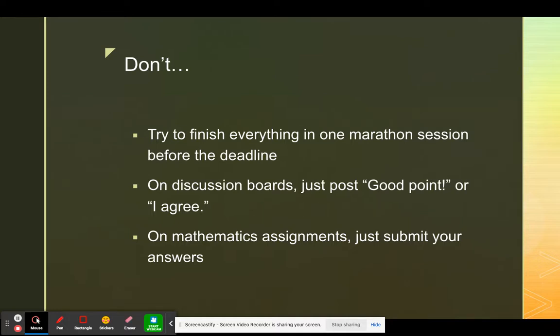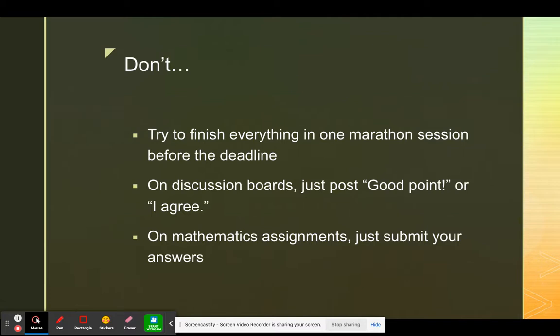And we've really tried to structure those sorts of discussion boards and the assignments to make it a more fruitful experience for you. Don't, on the discussion boards, just post "good point" or "I agree." Give some thought to a response, or try to push everybody's thinking forward with a different suggestion or a different way of thinking about a particular topic.